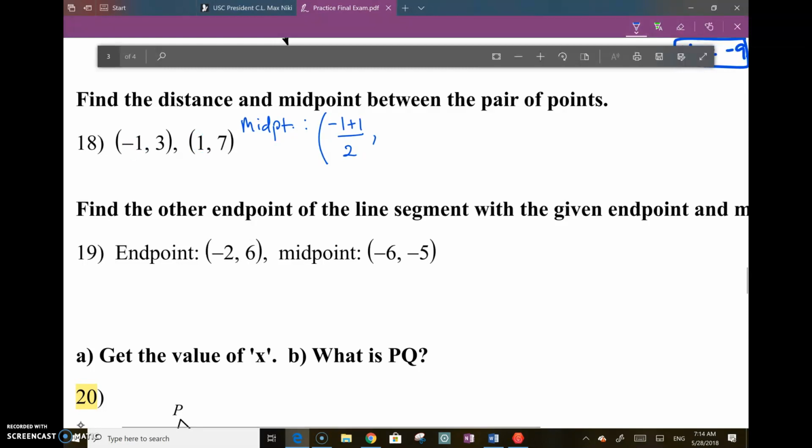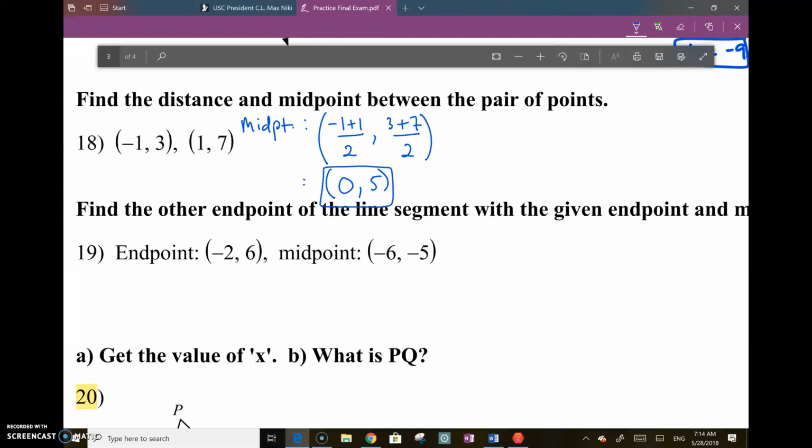So 3 plus 7, divided by 2. That would give me, if I just do everything at once, 0 divided by 2 would be 0, and 3 plus 7 would be 10. 10 divided by 2 would be 5. And my midpoint would be at (0, 5).